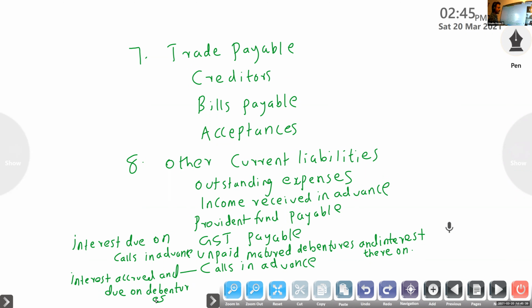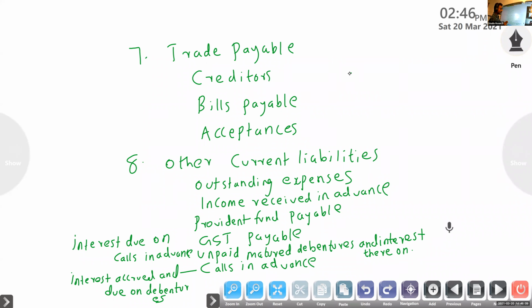Then calls in advance, calls in arrear. Calls in arrear means the amount unpaid by the shareholder. But calls in advance means the amount received in excess of what has been called up.